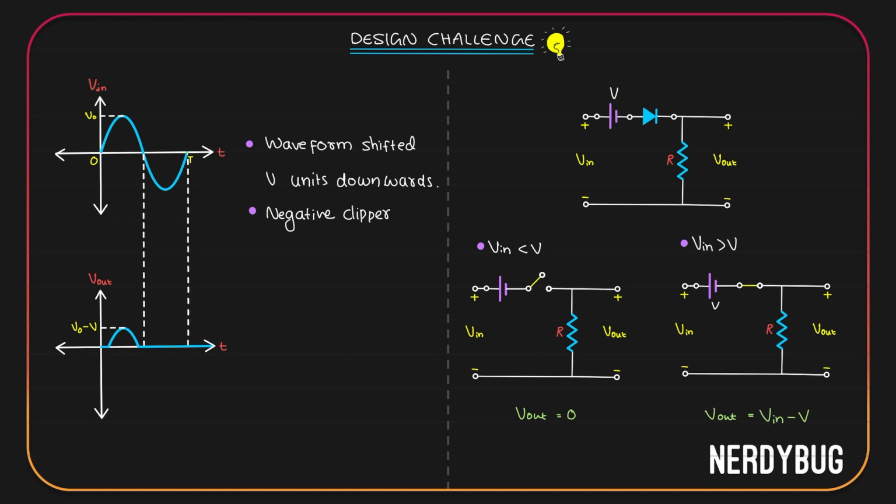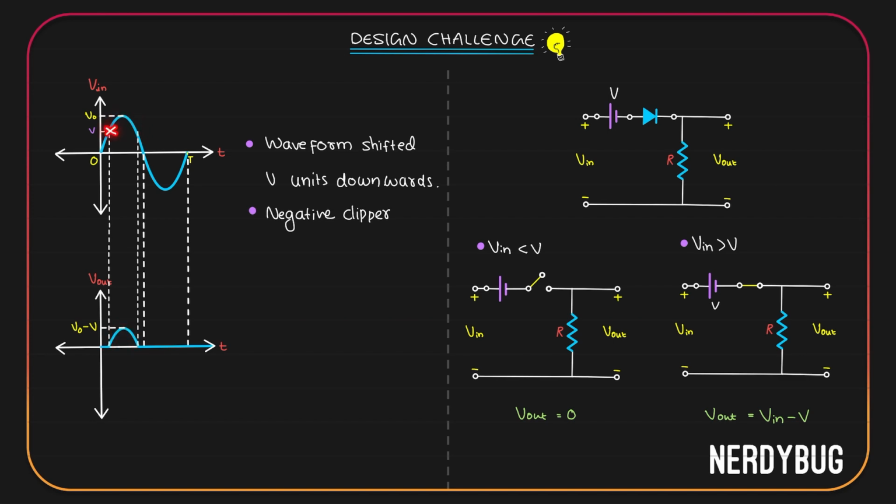According to the analysis, whenever the input voltage is less than V, we get V output is 0. And that is exactly what is required over here. V is this much, and whenever the input is less than that, that is at all these places, output is 0. Whenever V input is greater than V, that is over here, this is what we get as output.